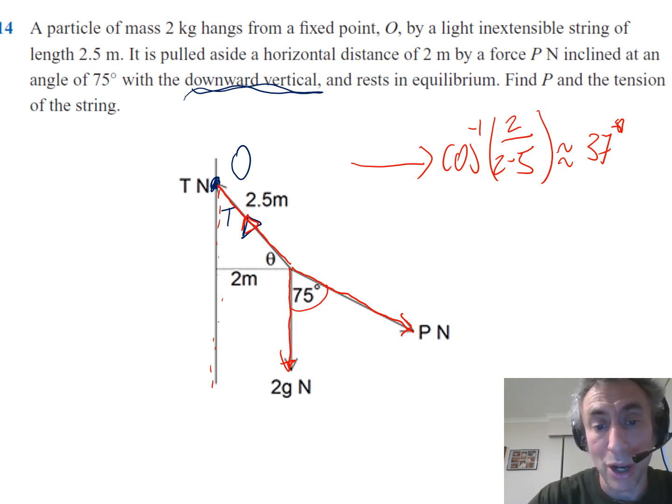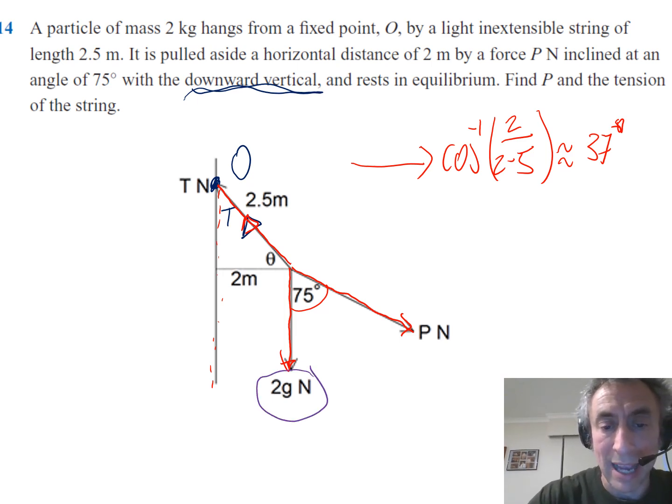Well, in fact, I know 2G, the weight force, and I now know the angle directly opposite. So what would angle alpha be?